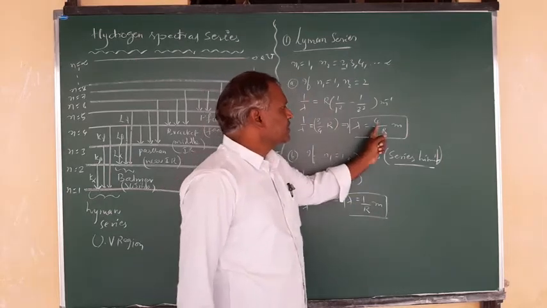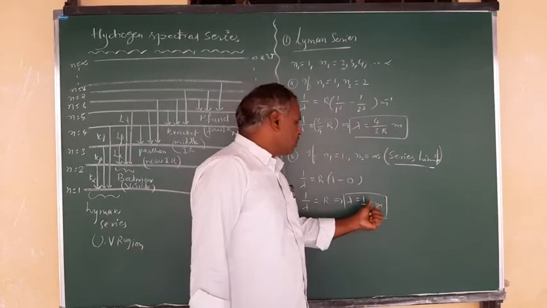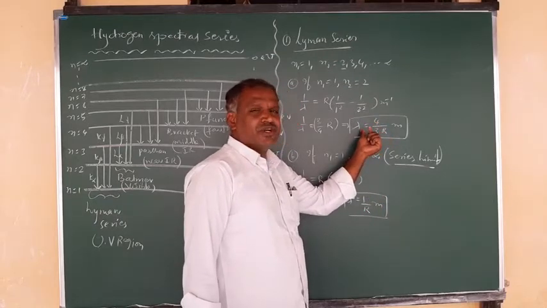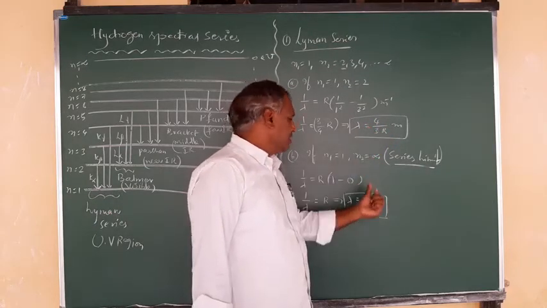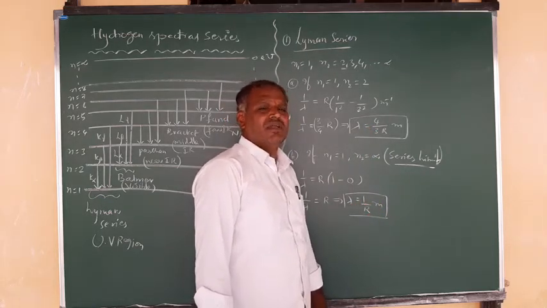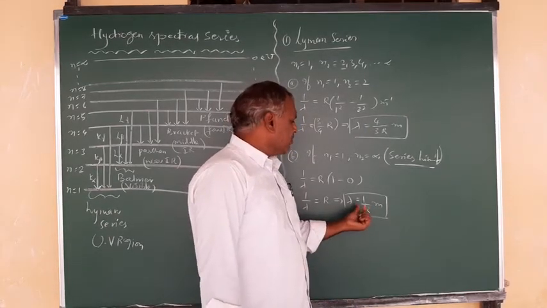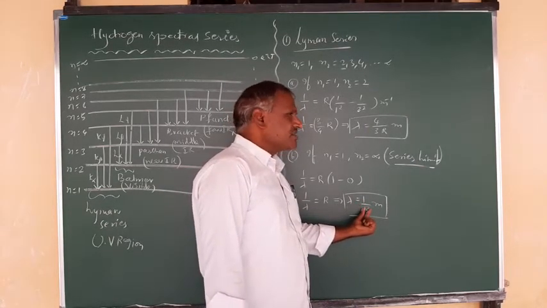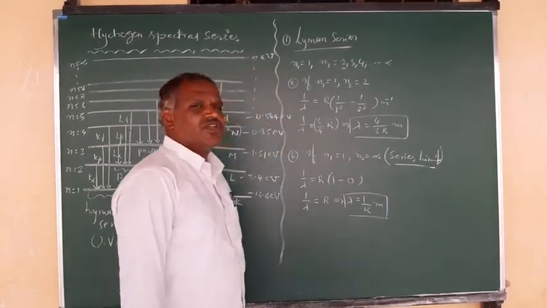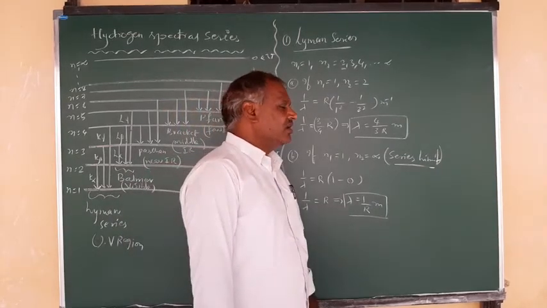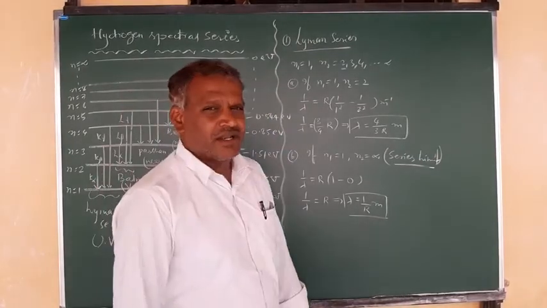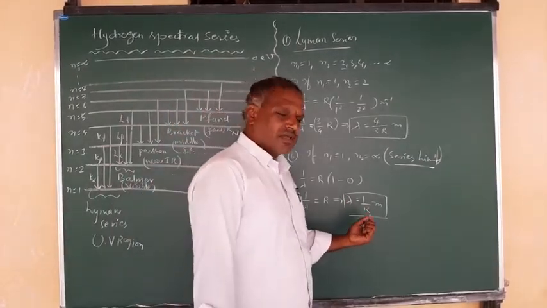In this, one is 4 by 3R and the other is only 1 by R. That means 4 by 3 is greater than 1, so this wavelength is the maximum and that wavelength is the minimum. The minimum wavelength is 1 by R. The value of R is constant, 1.097 into 10 power 7, which I already gave. Taking it into the numerator, it becomes 10 power minus 7.